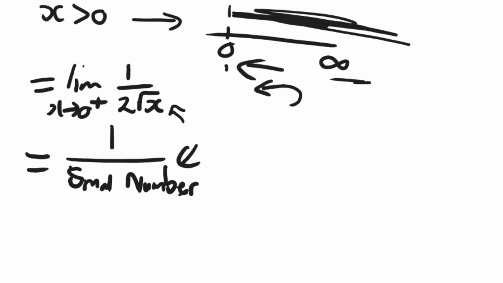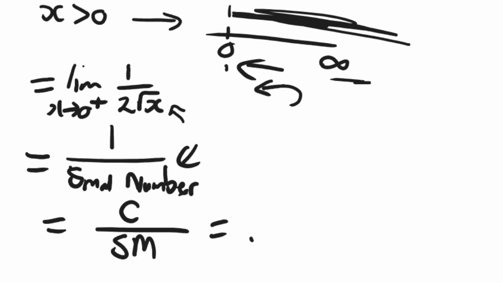Now, if you have a constant c divided by a very small number, a number that is approaching 0, remember, it will never be 0. It just wants to be 0. It goes as far as possible to become 0, but it cannot be 0. Okay, that small number, we put it here, we produce infinity, a very big number.